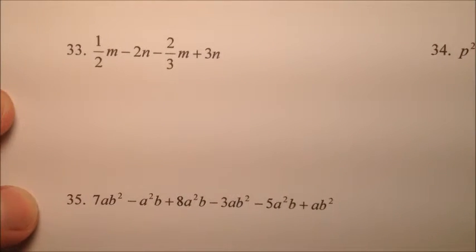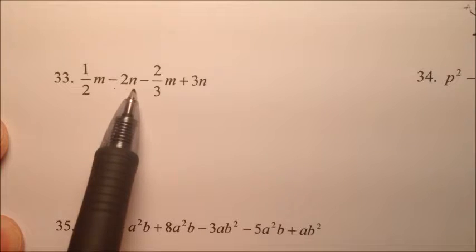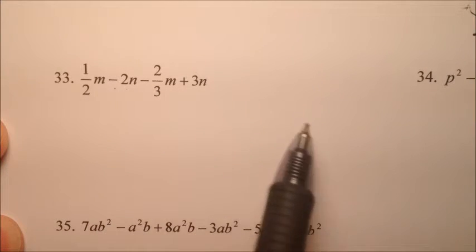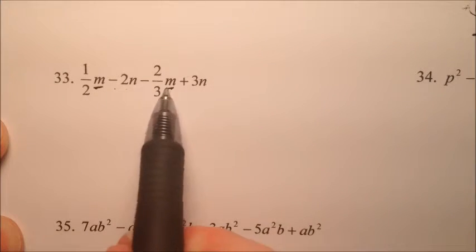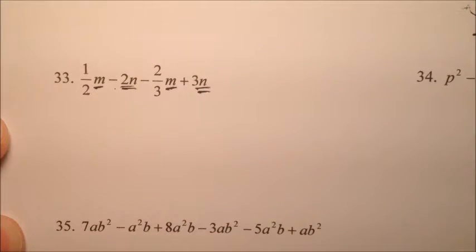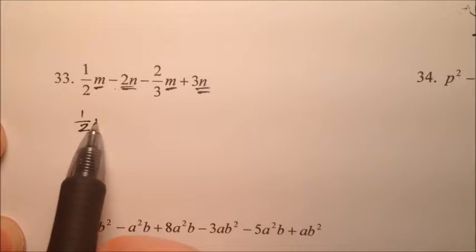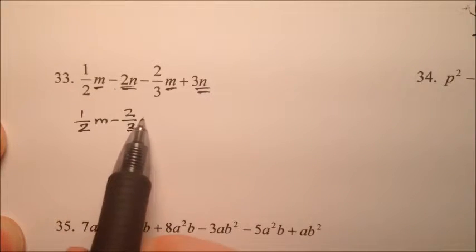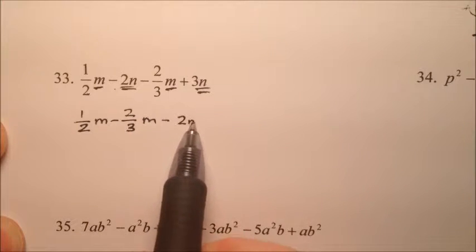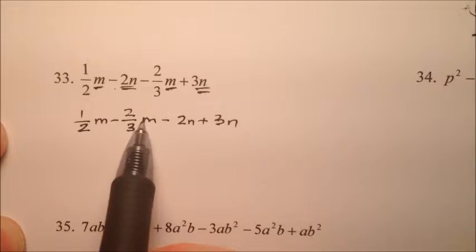So sliding back over for 33, we have 1/2 m minus 2n minus 2/3 m plus 3n. So here's an m and here's an m, and both of those have fractions, and then an n there and an n there. So let's go ahead and get those fractions out of the way. We have 1/2 m minus 2/3 m, and then minus 2n plus 3n. I just went ahead and reordered these terms so I could see what went together.